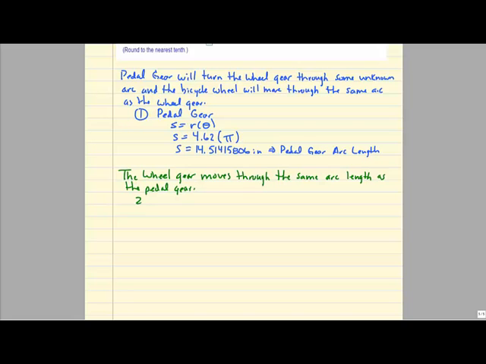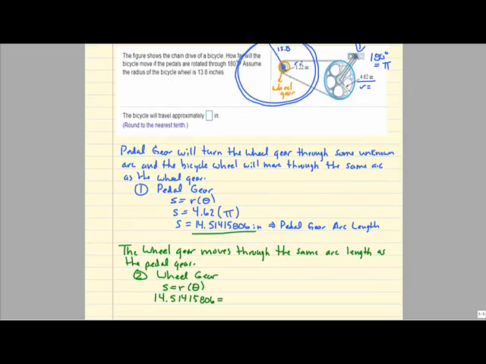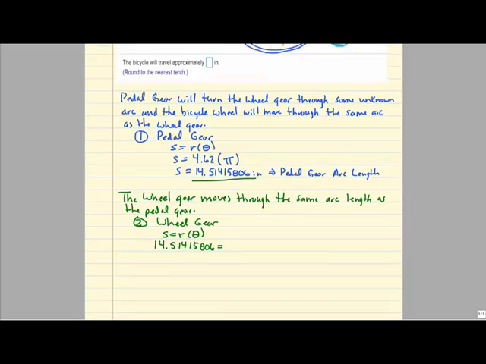So that's going to be our step 2. We're working with the wheel gear this time. So again, S equal R theta. The wheel gear moves through the same arc length as the pedal gear, so we pull this number from up here for our arc length, 14.51415806 equals R. R, if we come up here, is this radius, 1.22 inches for the wheel gear.